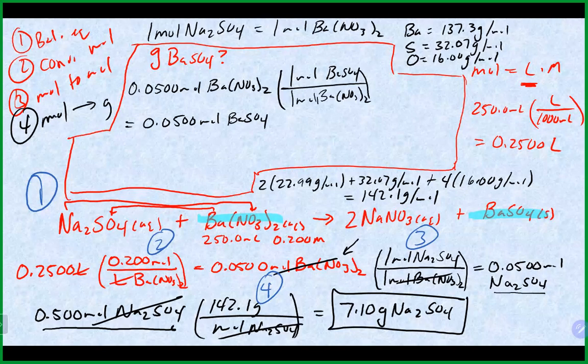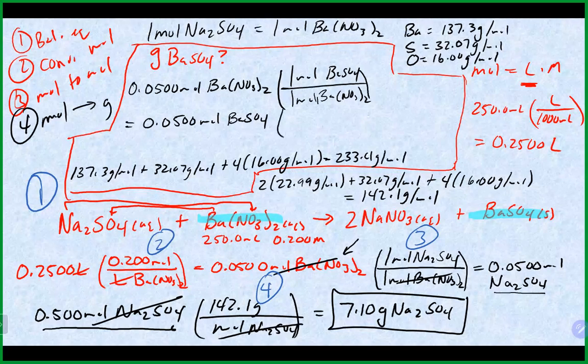So we're going to get the molar mass here of barium sulfate. So that's 137.3 grams per mole for the barium, plus 32.07 for the sulfur, plus 4 times 16 for the oxygen, going to give us a molar mass here of 233.4 grams per mole.